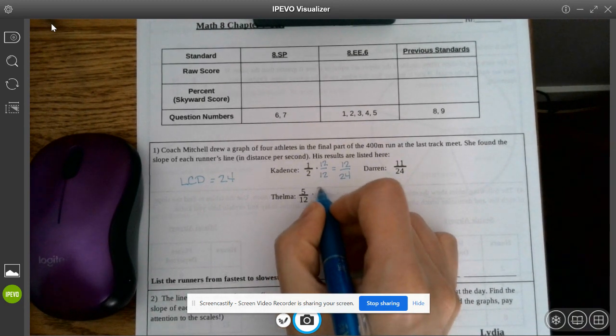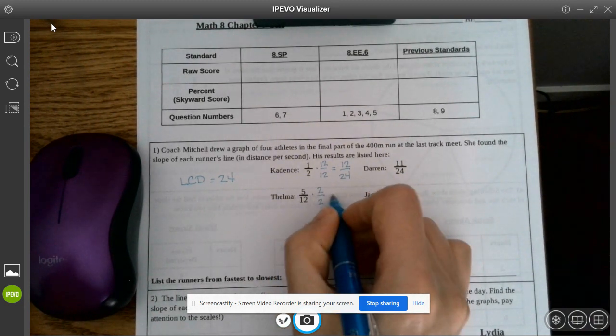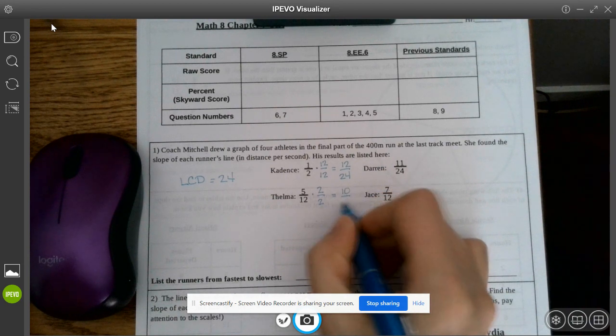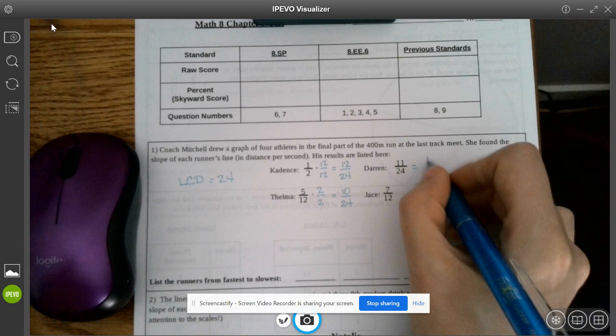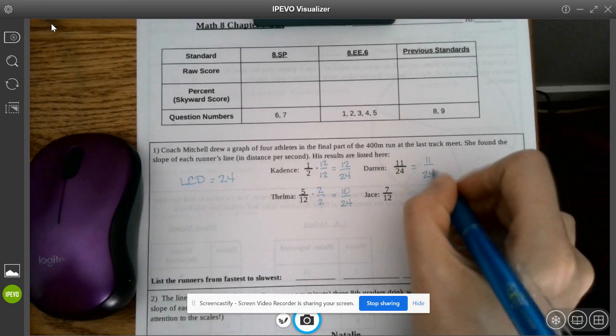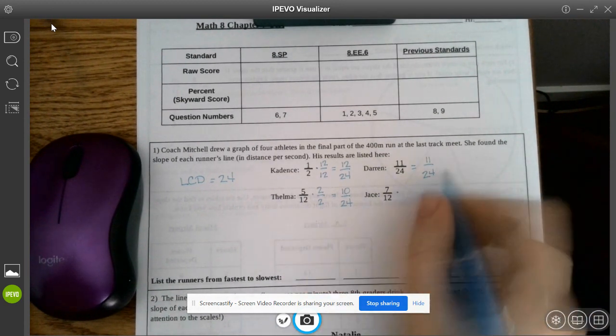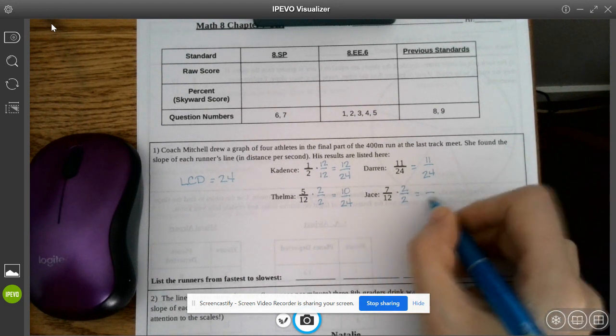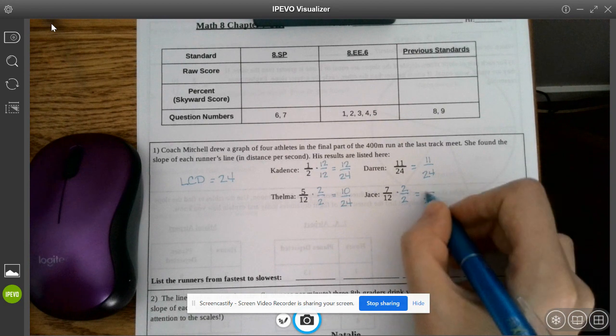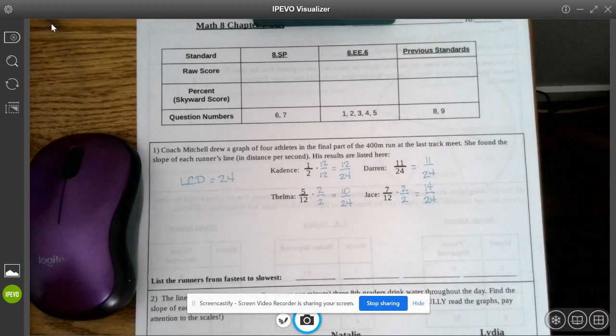Thelma, I'm going to multiply this by 2 over 2, and I get 10 over 24. Darren, we can leave the same. And Jace, just like Thelma, I'm going to multiply it by 2 over 2 to get that common denominator of 24, and I get 14 over 24.